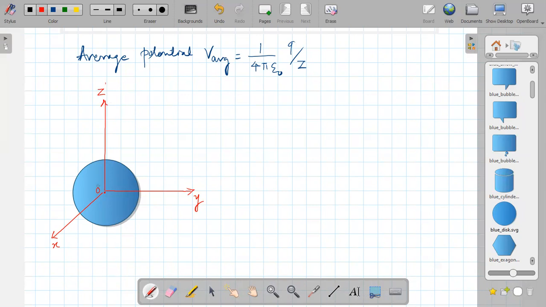Then this is the radius, capital R. We can write here capital R is the radius of the sphere.